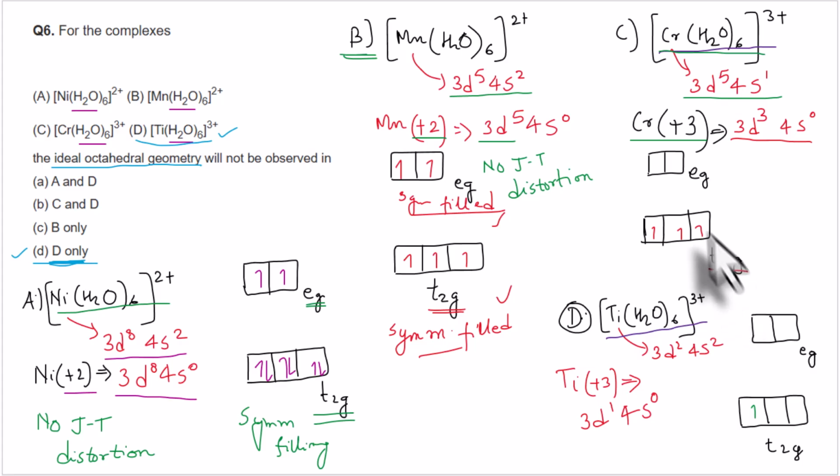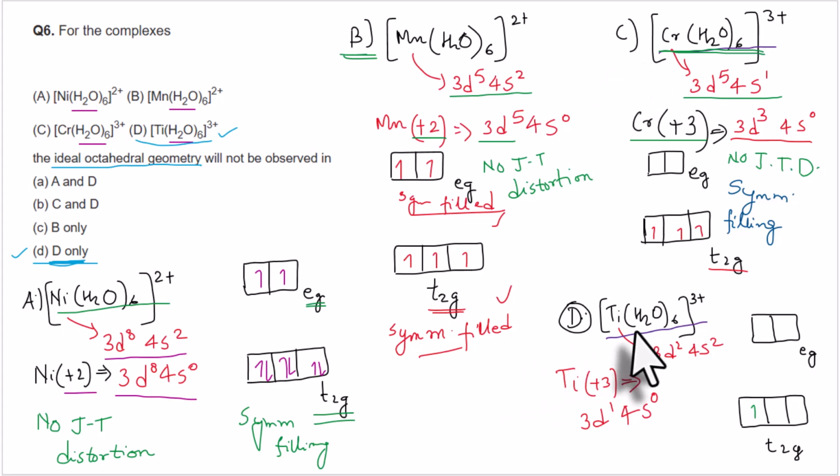Now we can see that T2G orbitals are symmetrically filled, 3 orbitals, 3 electrons. Because of this symmetrical filling of T2G orbitals, we have no Jahn-Teller distortion for this chromium complex.